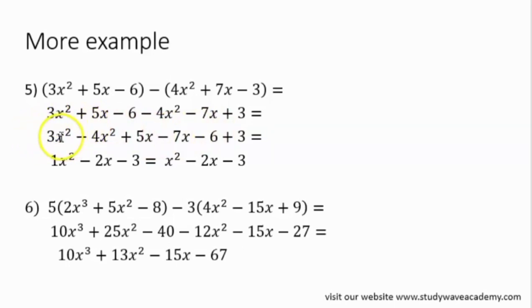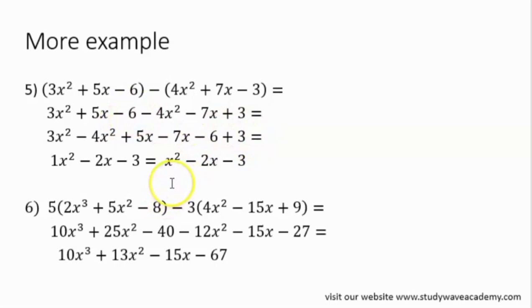Do we see another x squared as a variable? Yes, we have minus 4x squared here, and we add them together. Then we move on. We have 5x squared here. Do we see another variable with x squared? Yes, we have minus 7x squared. We write it down. Then we move to the numbers that do not have variables. So we have minus 6 plus 3.